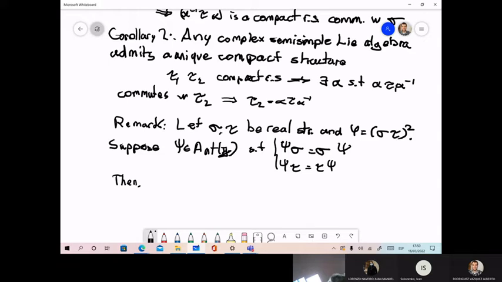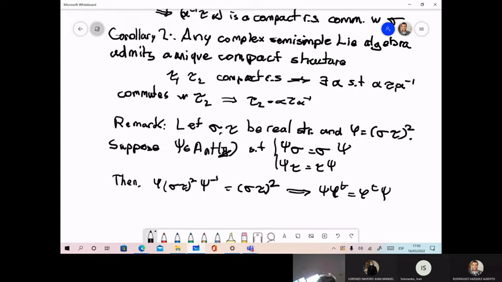Then we have that psi sigma tau squared psi minus 1 equals sigma tau squared, and thus phi 2t commutes with, is equal to, phi 2t psi.